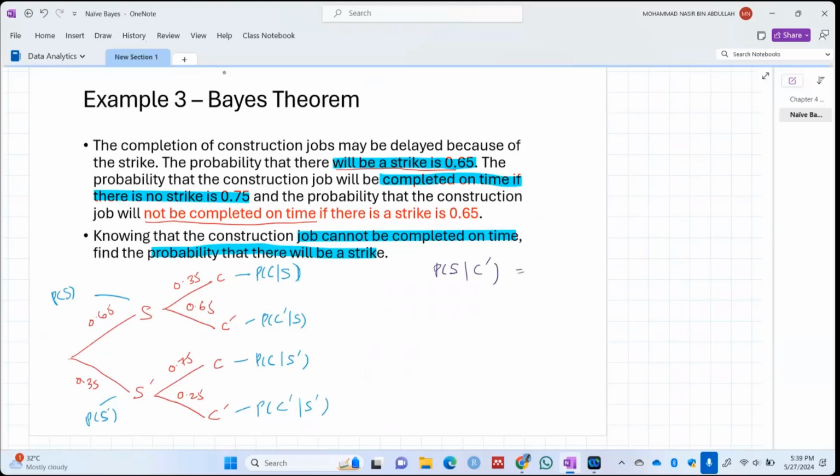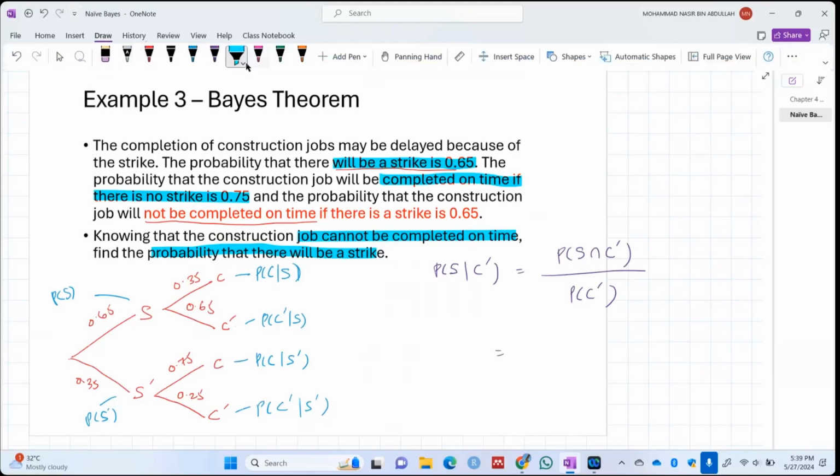This is the probability of S intersect C complement divided by the probability of C complement.